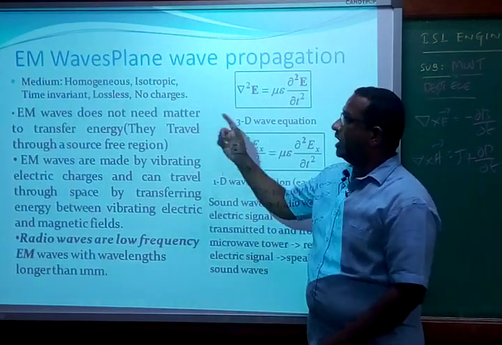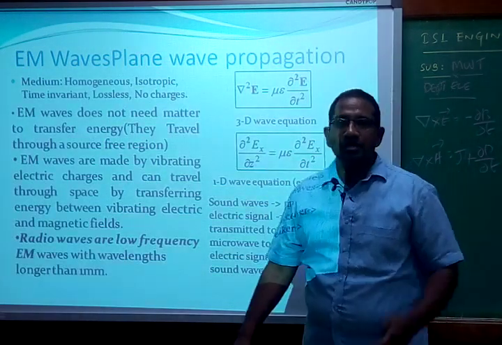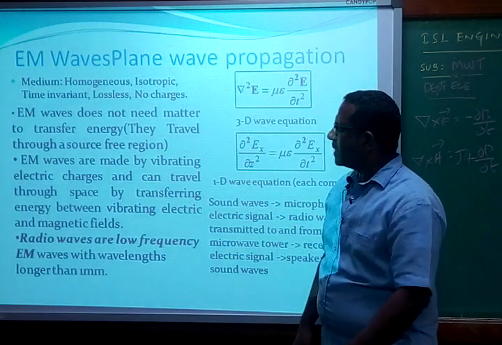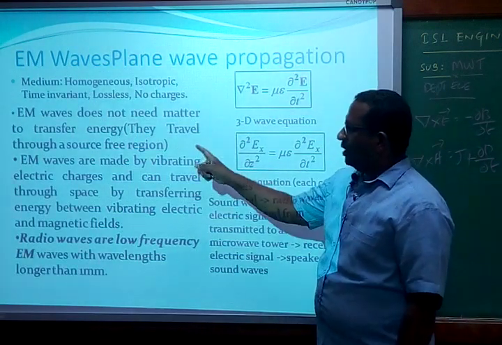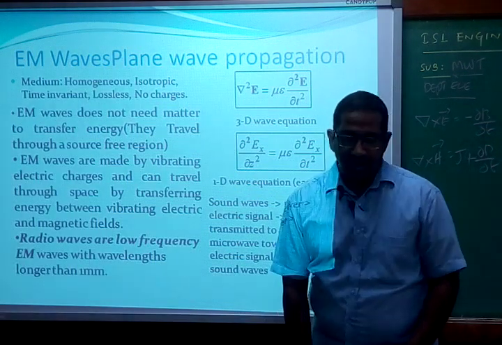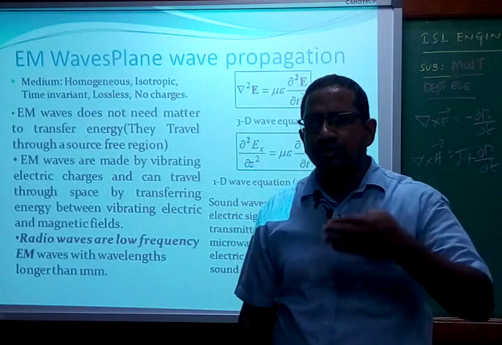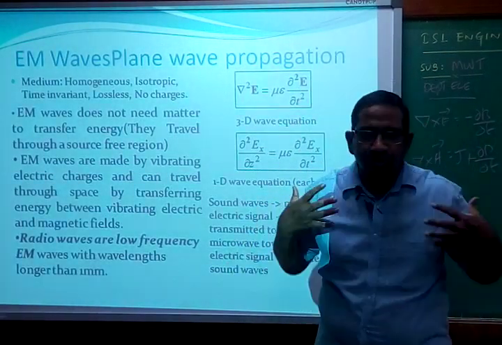That means EM waves do not need matter to transfer the energy from source to destination, or transmitter to receiver. So we say they travel through a source free region. We simply call that the EM wave travels through a source free region. There is no source, nobody is there to give some boost to that signal.